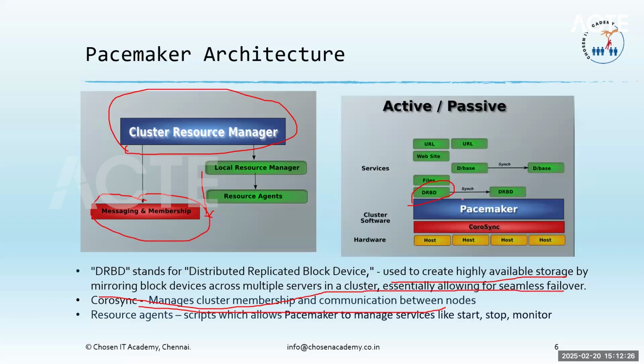It is responsible for managing the shared storage, mirroring all the information on the shared storage and making it available in case of failover. This is the component taking care of that. And service-wise, we can have a file sharing service, website service, database.